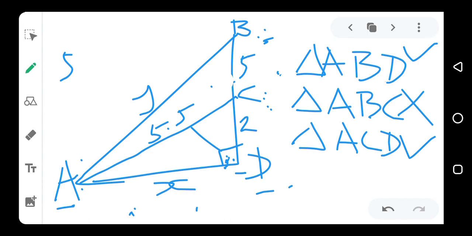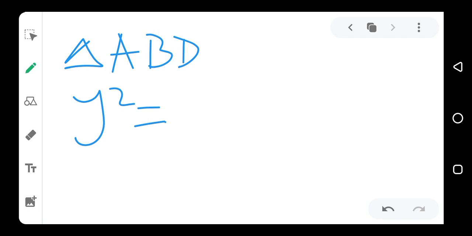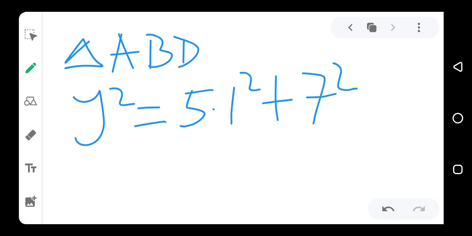So for triangle ABD, y squared is equal to 5.1 squared plus 7 squared.